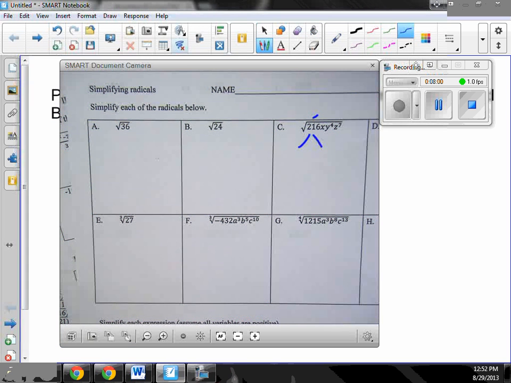5 is easy. How do you tell if a number is divisible by 5? It ends in a 5 or a 0. How about 6? Right.